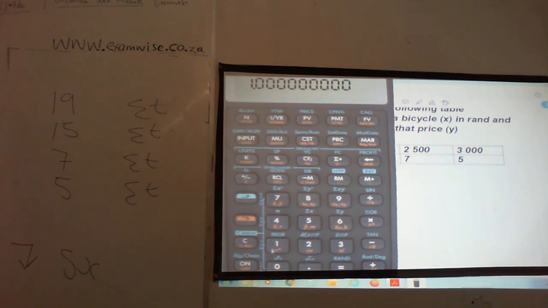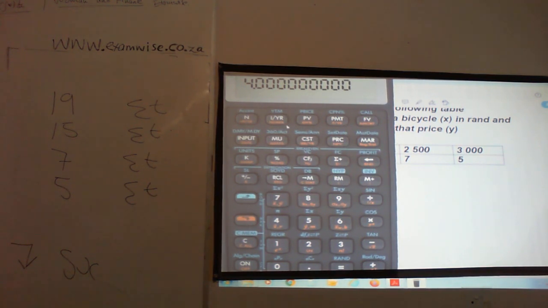Then we go to 15 and press summation, and your calculator is showing 2, meaning we have entered the second variable. Then we enter 7 and press summation. Our calculator will show 3 to indicate that we have entered the third variable. Then we enter 5 and press summation. Our calculator is showing 4. So that is how we do it.